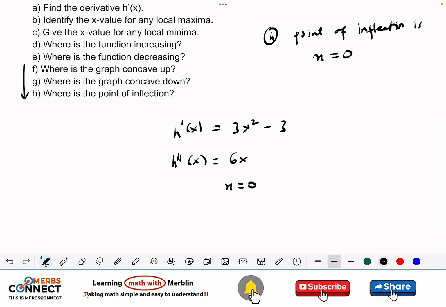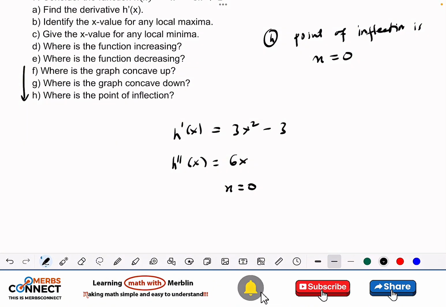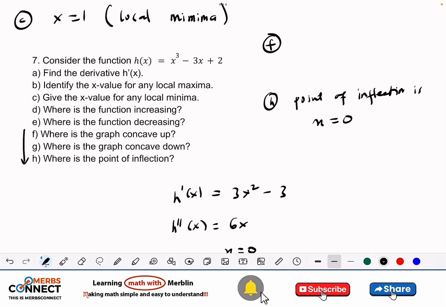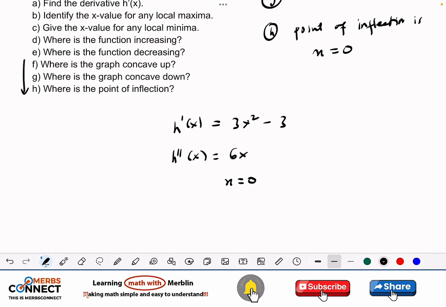So now let's figure out F and G, right? So let me just put F here and put G here. So what we are going to do is here, for us to figure it out, we're going to put our point of inflection here. But don't forget, here we are using the f double prime of x.